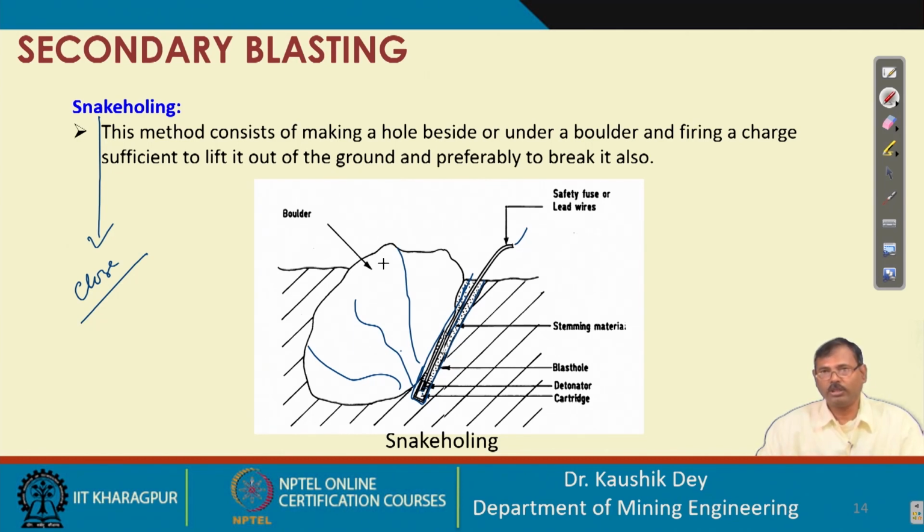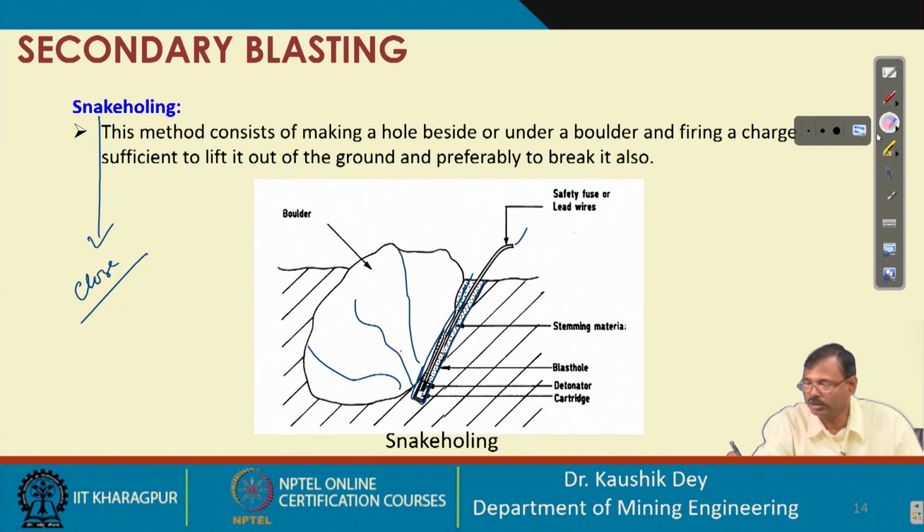But similar to plaster shooting, here also our explosive requirement is very high, and that you can consider a disadvantage. The only benefit is that the explosive is in situ, the noise generation is not that high, but the likely chances of fly rock are also there.